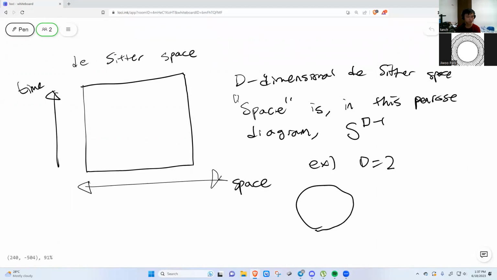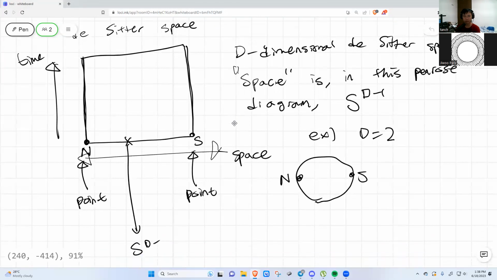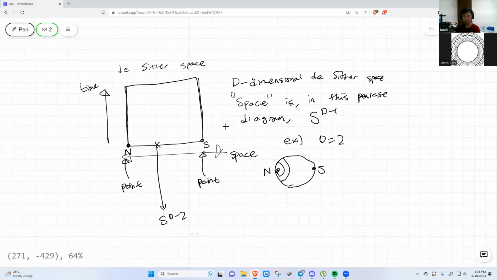And you have the north and south poles, right? Let me just draw them. So the north pole is here and the south pole is here. These are points, and every section in the middle refers to S^(d-2).